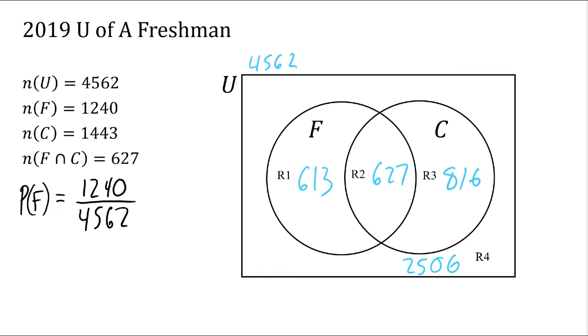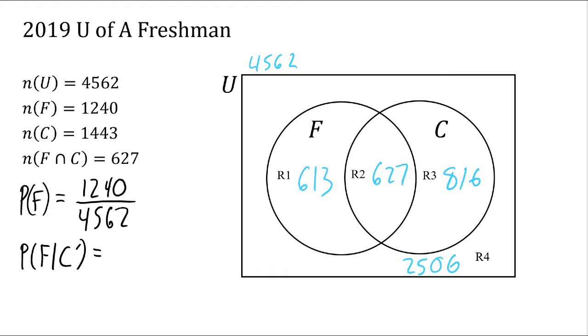So we're already looking at a smaller sample set than the entire world. So what we're going to do now is we're just going to narrow that down a little farther. So let's find the probability that a student is enrolled in finite given they are not enrolled in English composition. And so the way we write that is the probability of F, and then we draw a vertical line, and then we write our C complement, the part that is given.